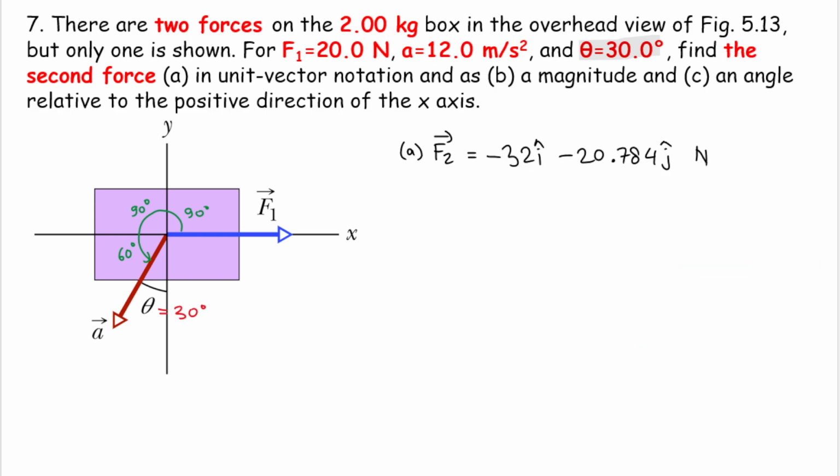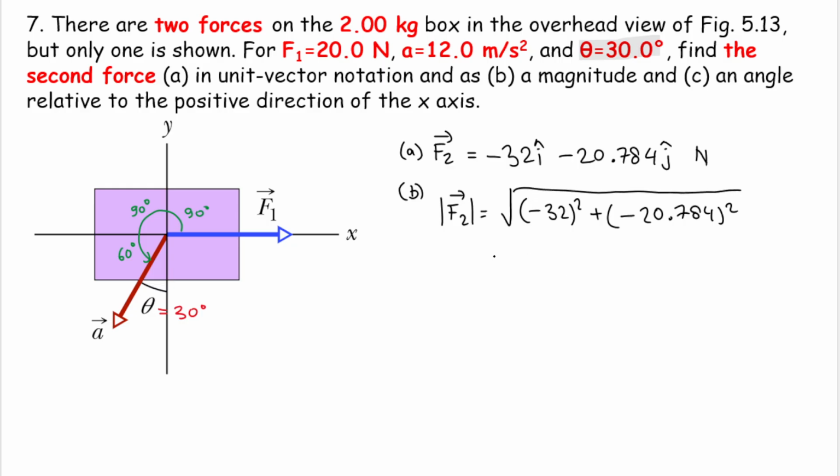Okay, to answer question B, we need the magnitude of the force F2. So we'll have F2, the magnitude. We can just use the Pythagorean theorem here, the square root of minus 32 squared plus minus 20.784 squared, right? And I think nothing that we can do except plug this into the calculator.